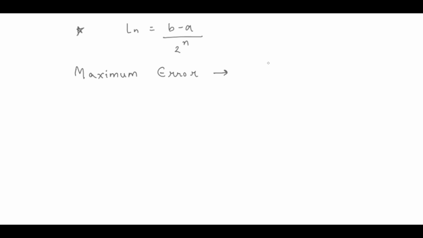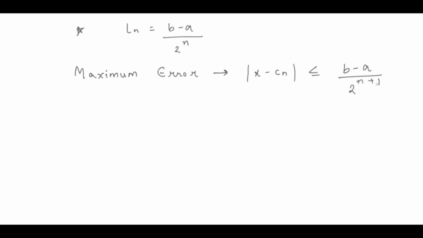That is, the mod value of x minus cn is lesser than or equal to b minus a divided by 2 to the power n plus 1. And that gives us a guaranteed upper bound of the error. This is one of the greatest strengths of the bisection method. Unlike many other numerical methods, it provides a rigorous bound on the approximation error.